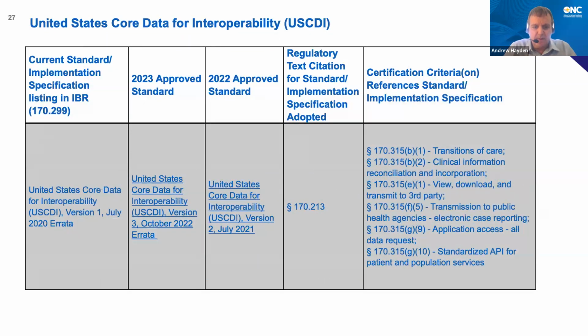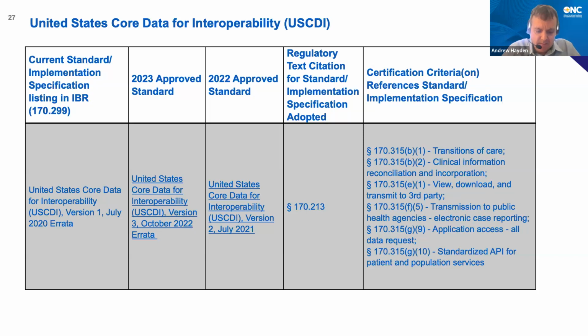So here we have the latest version of US CDI, v3, which was recently released. This, as I said earlier, aligns with US Core STU 6.1.0. It's proposed as the new baseline for certification and ONC rulemaking, and it will continue to advance health equity, reduce disparities, and support public health data interoperability.